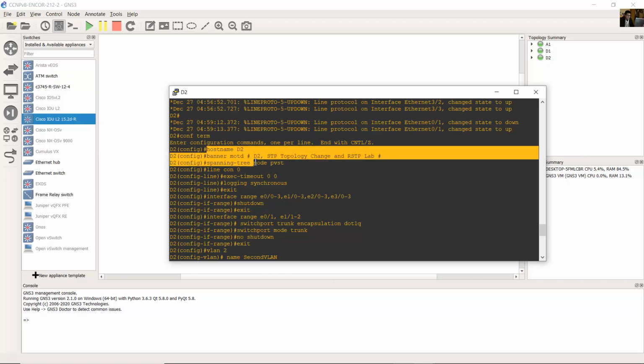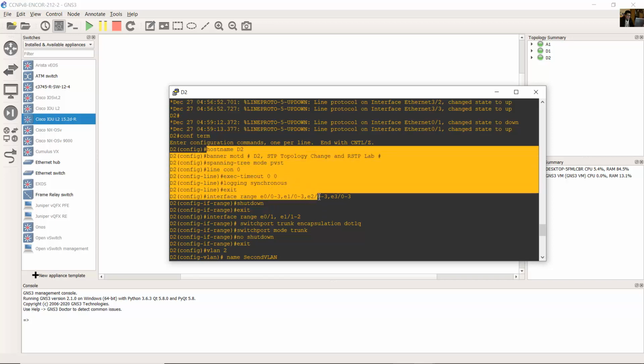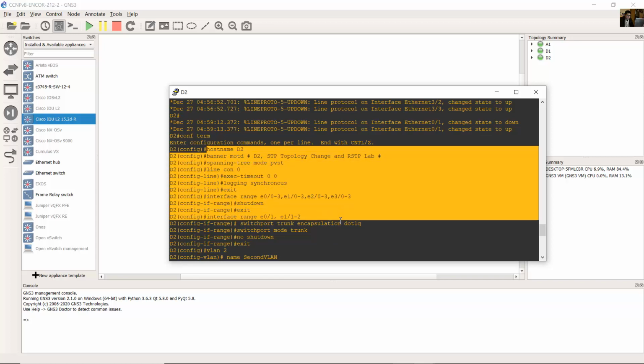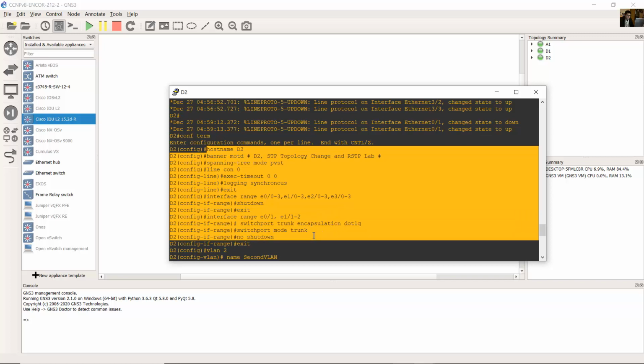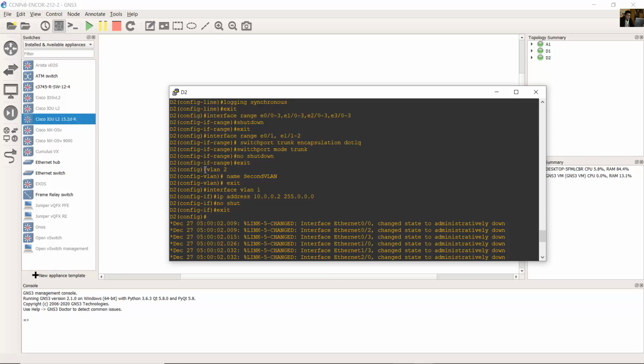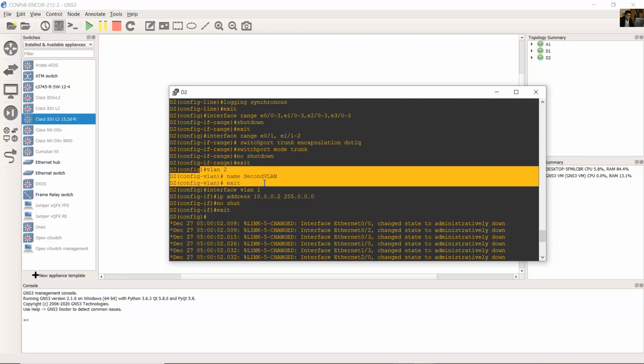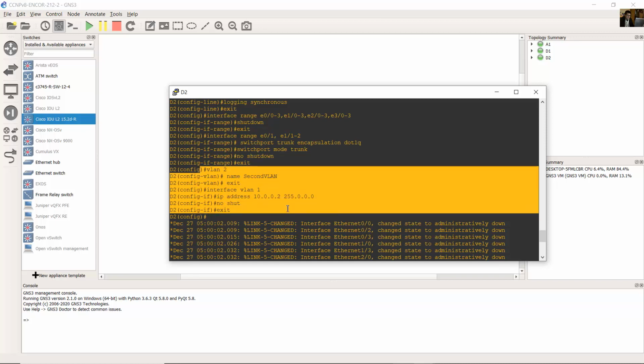Okay, banner, hostname, line console, shut down all interfaces, mode trunk, VLAN number 2, interface VLAN 1, 10.0.0.2, very good.